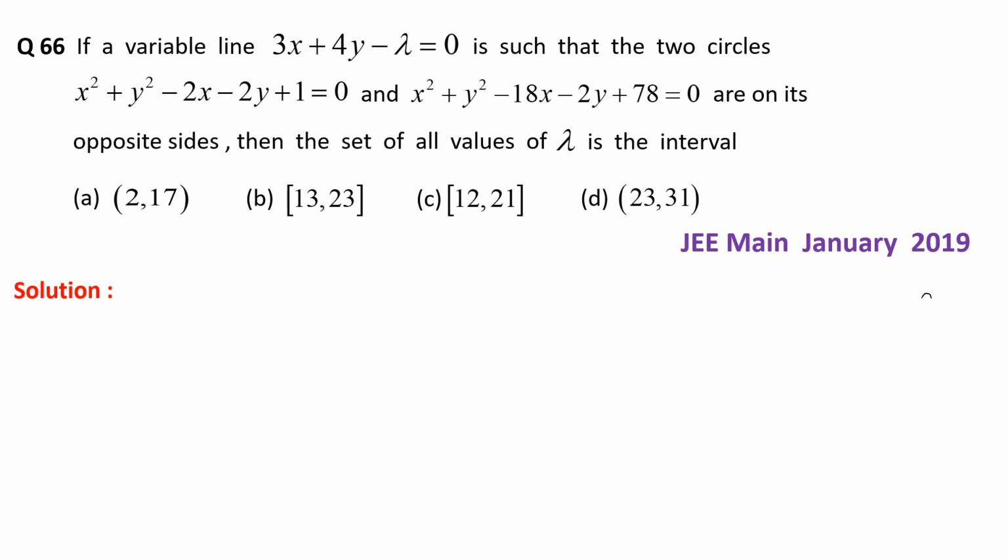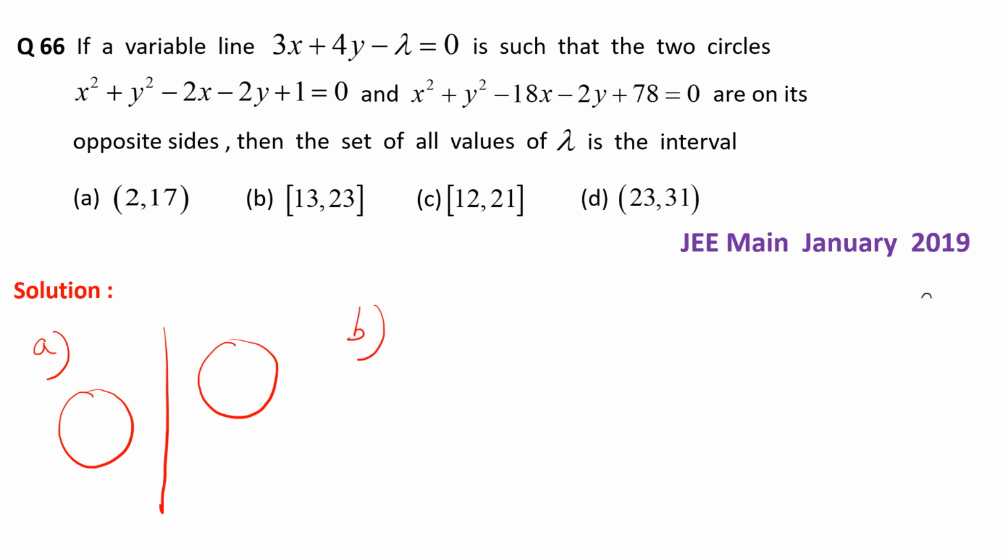Now students, in this problem, there can be three possibilities. The first one is when these two circles are lying on the opposite sides of the given line and both of these circles are not touching the given straight line.